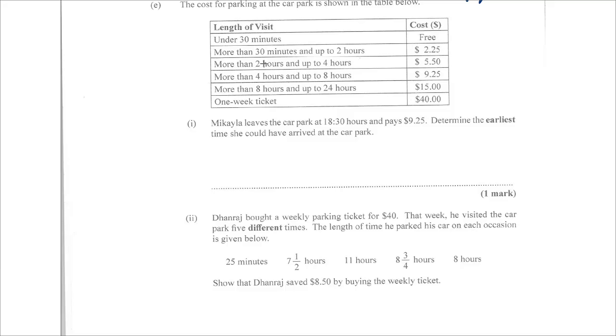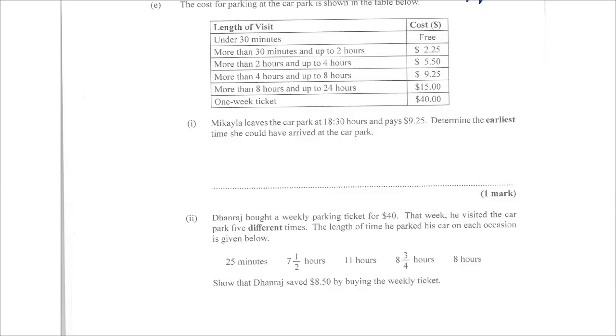A minimum of 2 hours and a maximum of 4 hours, $5.50. A minimum of 4 hours and a maximum of 8 hours, $9.25. A minimum of 8 hours and a maximum of 24 hours, $15. And you can buy a 1 week ticket instead of paying each day for $40.